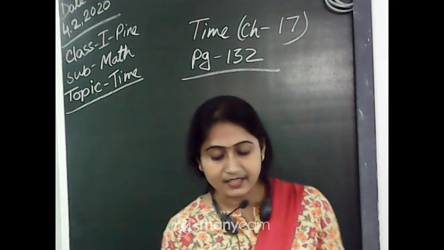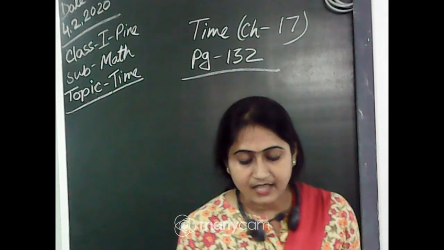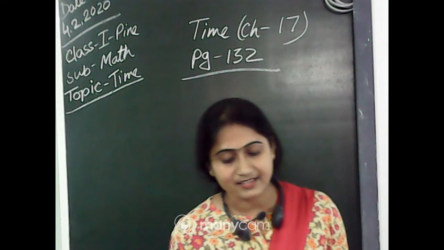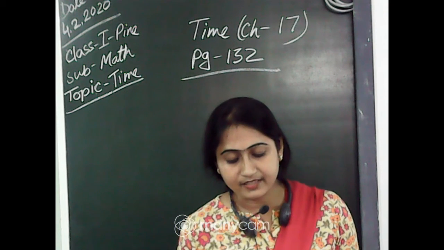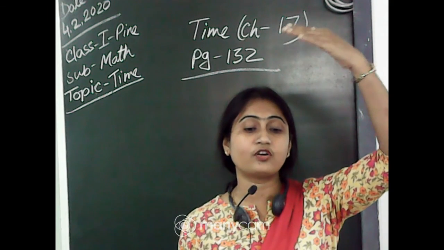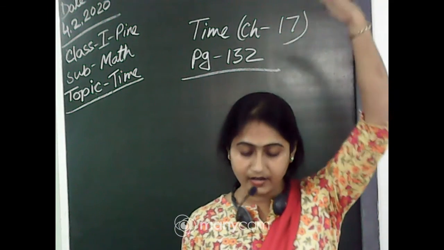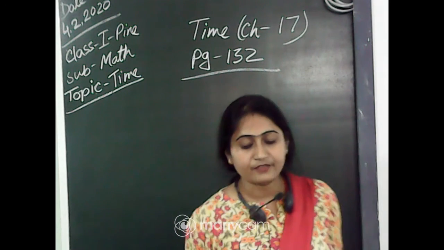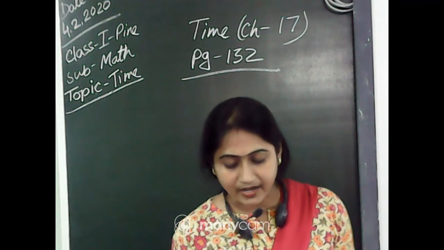When the sun rises, it is called morning. And when the sun is overhead at noon, means 12 o'clock, this is called noon. And when the sunlight starts fading, it is called evening.